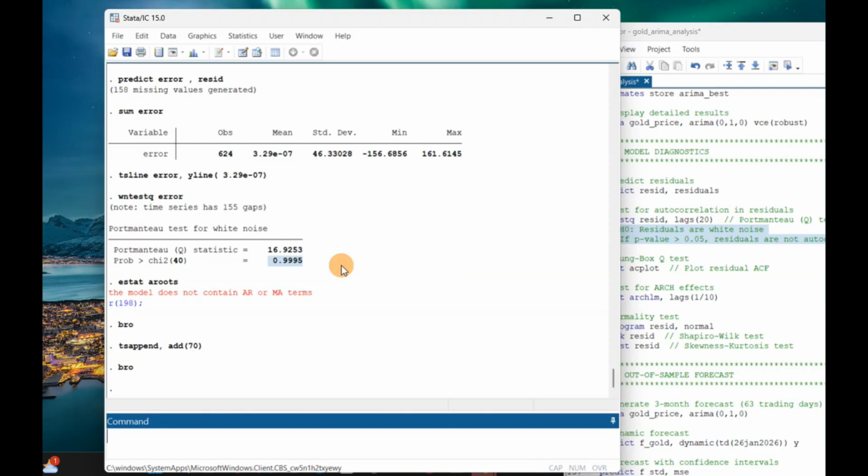Comma, gold price, brackets, D, brackets, 2026. Slower.